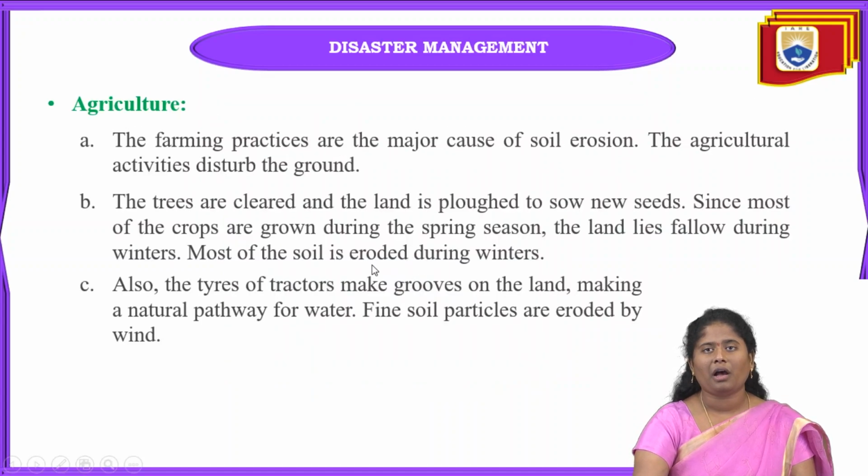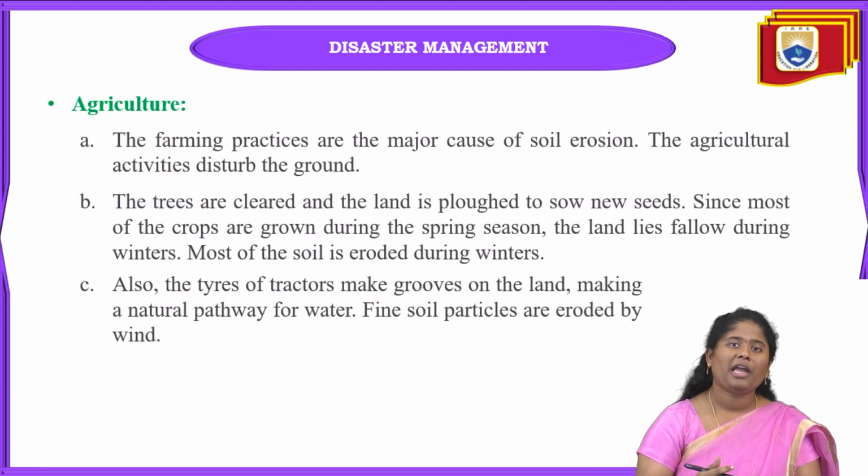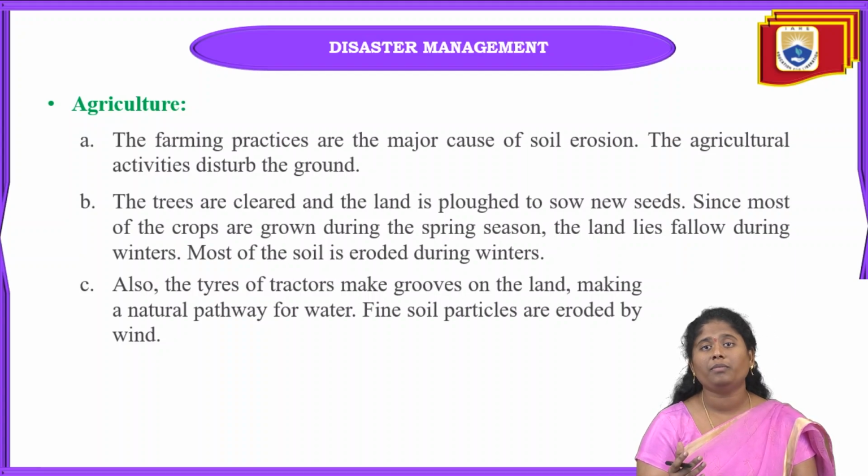And next one is agriculture. One of the main causes of soil erosion is also agriculture. Farming practices are one of the major disturbances towards soil erosion. Why? Because when any person is doing agriculture, they have to disturb the soil.